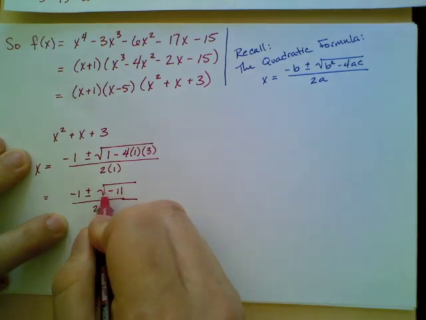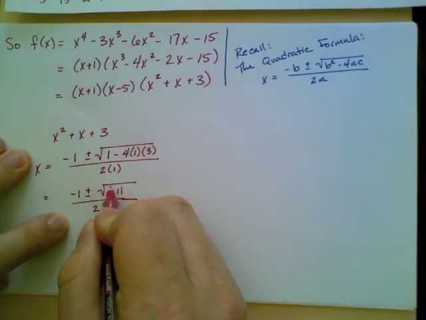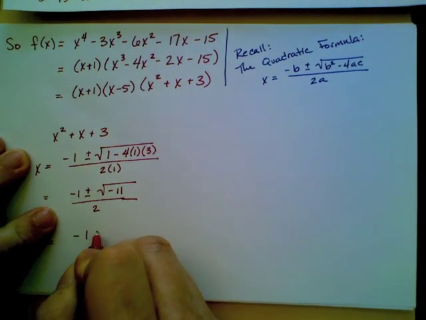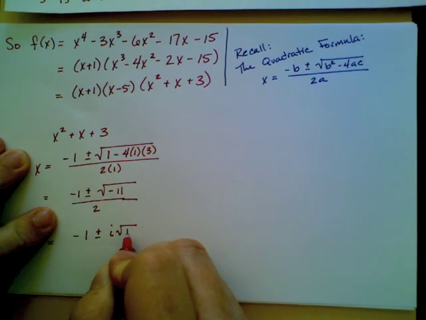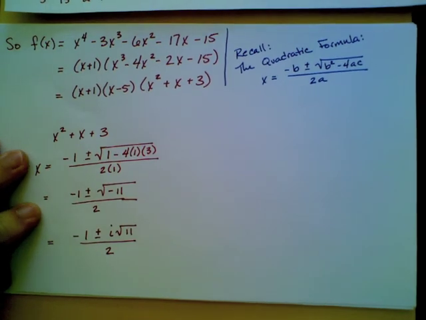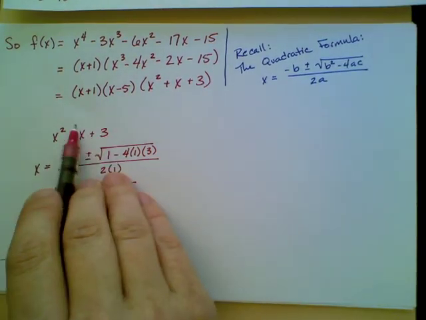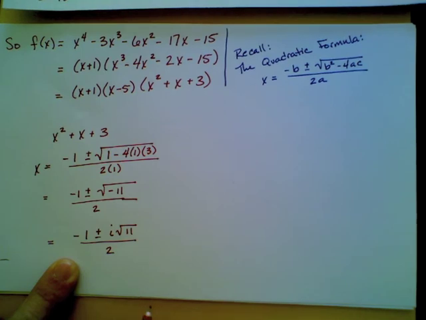Now I've got the square root of a negative number, which means this is imaginary. And so that is -1 plus or minus i times the square root of 11 over 2. These are the roots of this factor. So these are also roots of the original function.